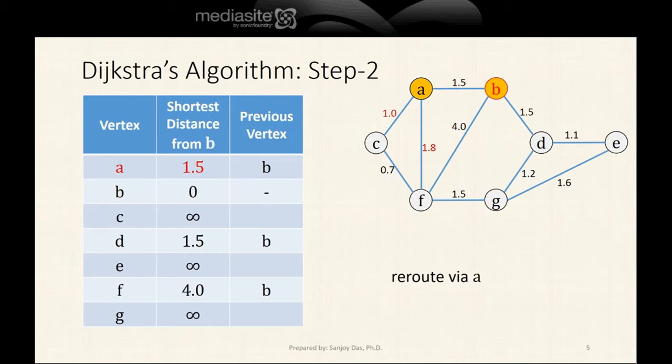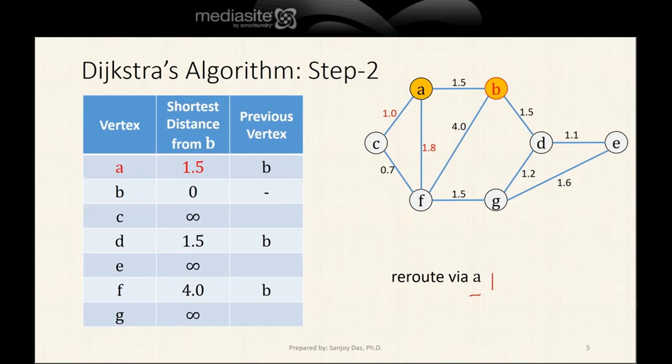Step 2. Now I'll try to reroute everything through this vertex A. In each step, I will be trying to reroute all existing paths through a new vertex. So I'll sequence through the remaining vertices. Step 2 is A, B is done already, so then A, then C, then D, E, F, and G. Each step a new vertex. I'll try to reroute all my existing routes through this new vertex.